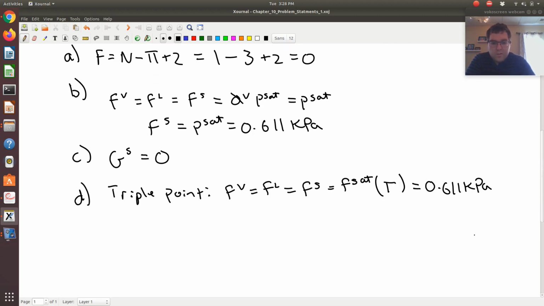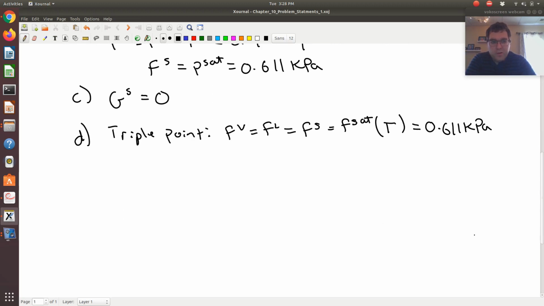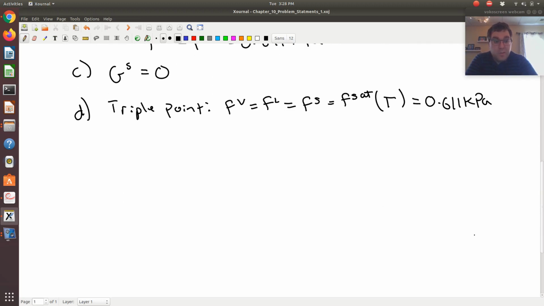Okay. So now the idea of the Poynting correction is I want to calculate the fugacity of a compressed phase. So I'm going to have a system at the same temperature but a higher pressure.